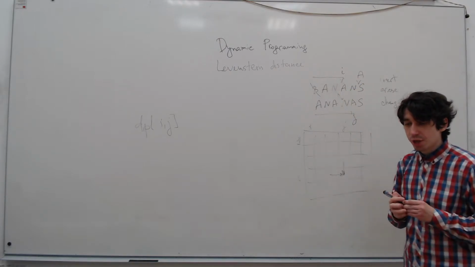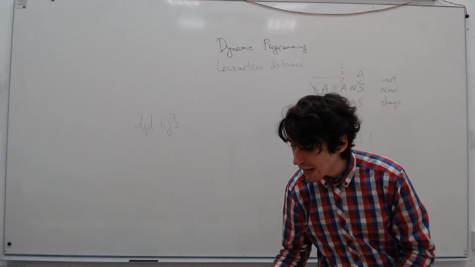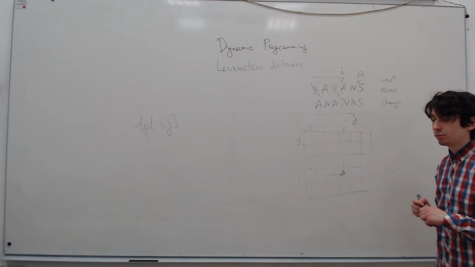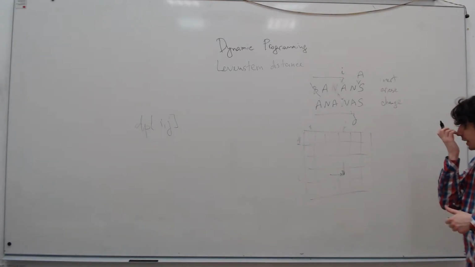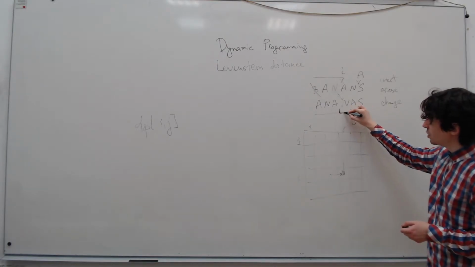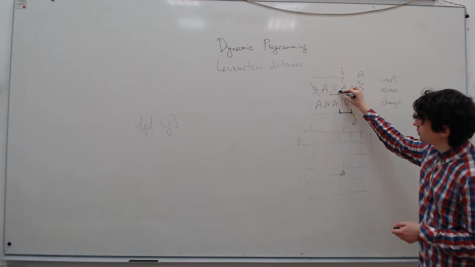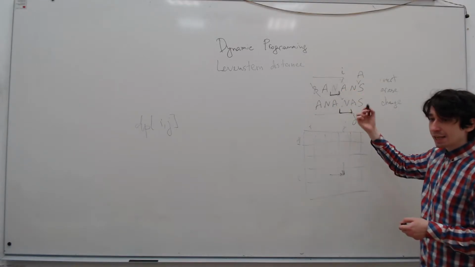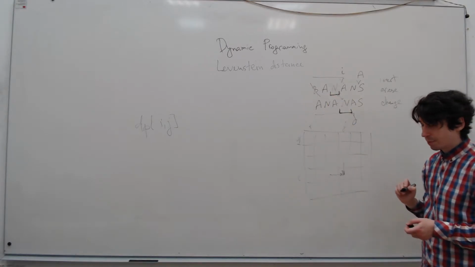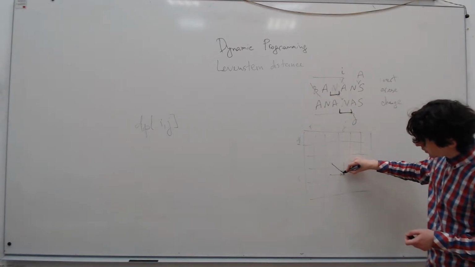If you match them, from what state are you coming to? It's the same. Yeah, from the right upper. So when you match the last character, your answer can come from I minus 1 and J minus 1. So it comes from here again.